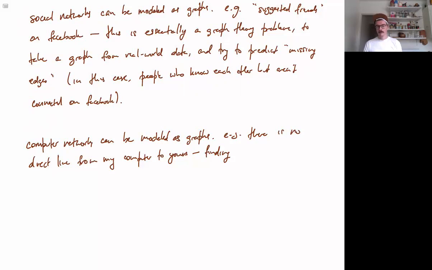So essentially, the way that's working is that this data has to find its way through a huge graph.